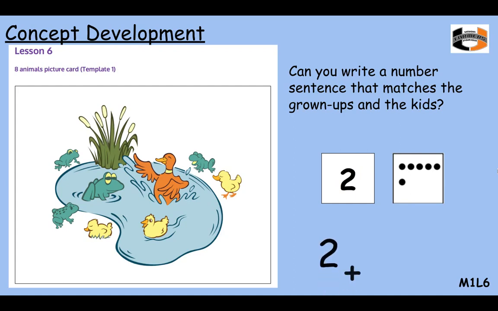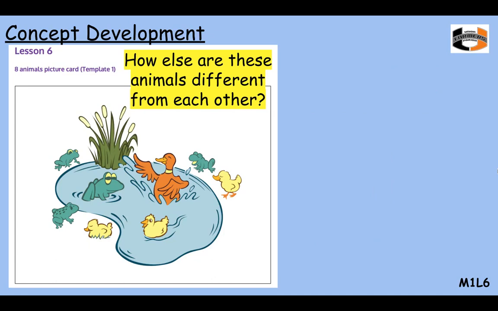Two plus 6 equals 8. How else are these animals different from each other? Can you find any other parts?